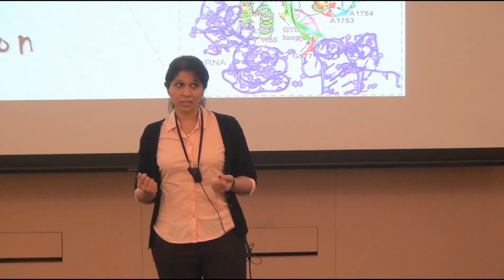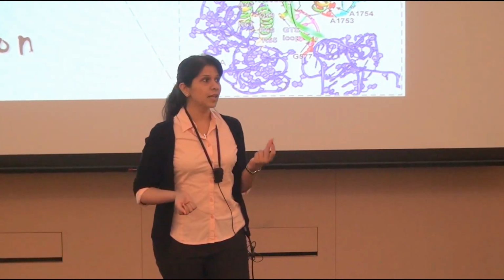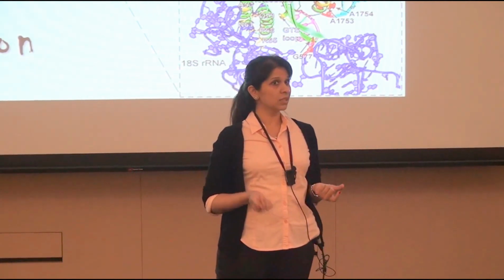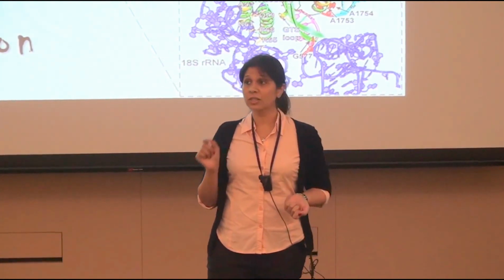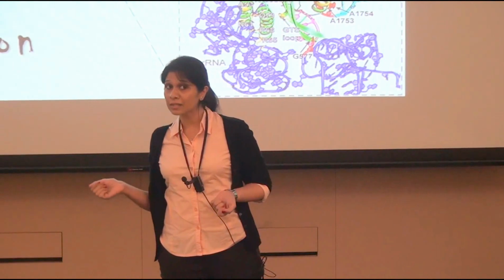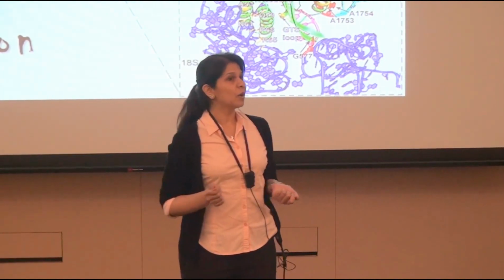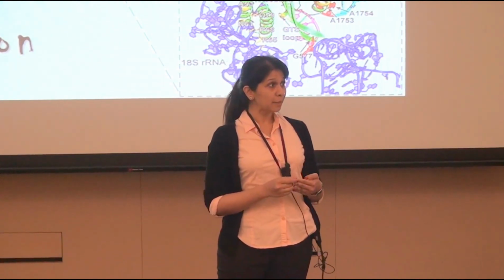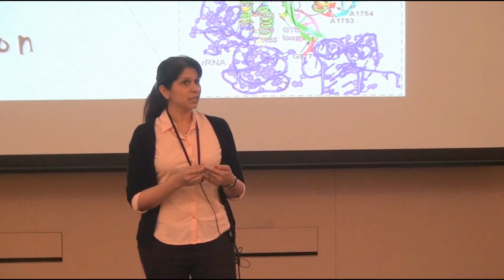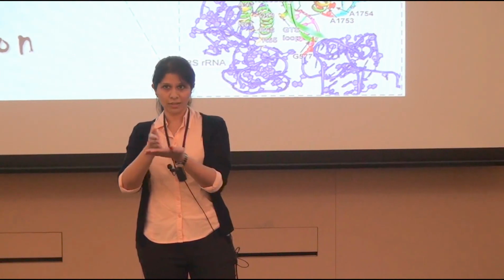So my PhD focuses on understanding the process of protein synthesis, at which point these genetic mutations, also known as nonsense mutations, have a significant impact. Now, the central dogma of biology explains that the flow of genetic information is from DNA to RNA to protein.